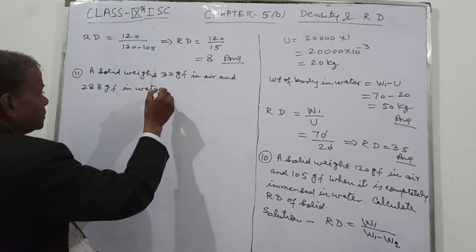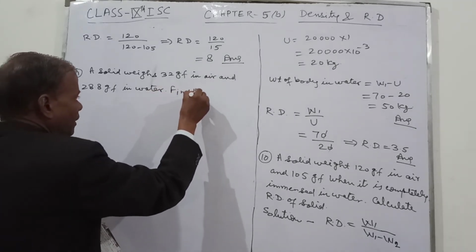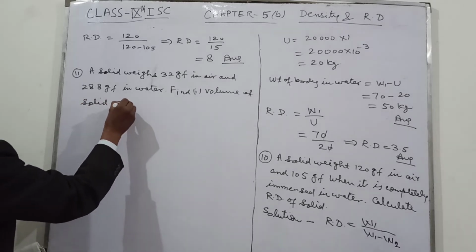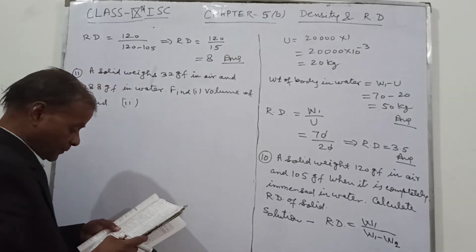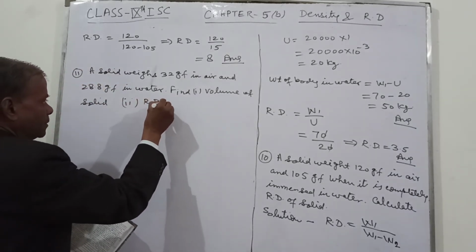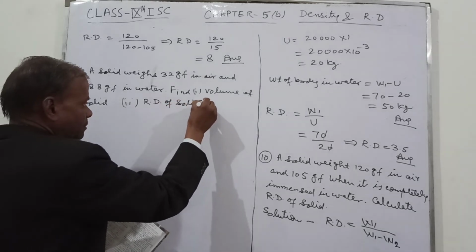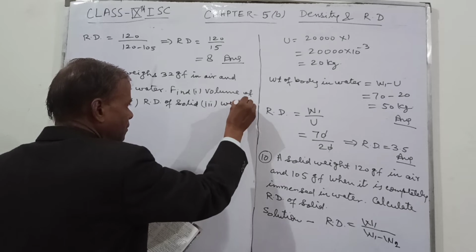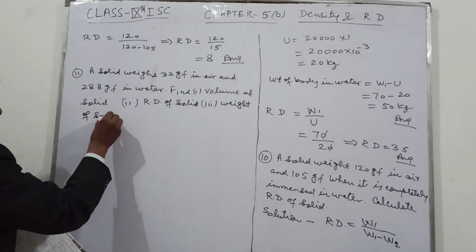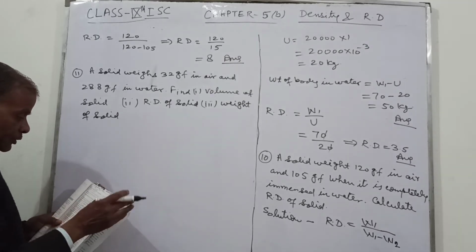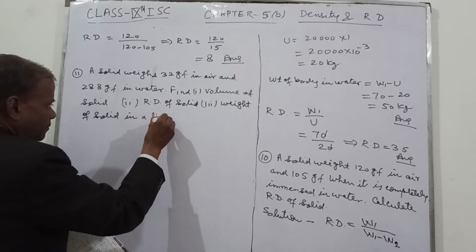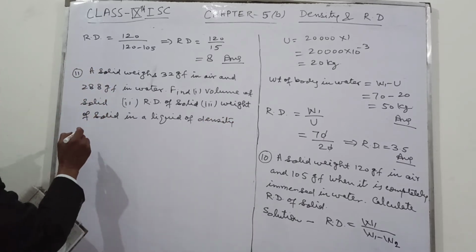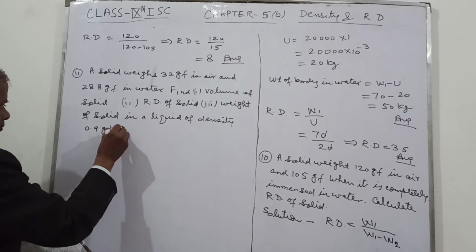Find first the volume of solid, second the RD of solid, and third the weight of solid in a liquid of density 0.9 gram per centimeter cube.